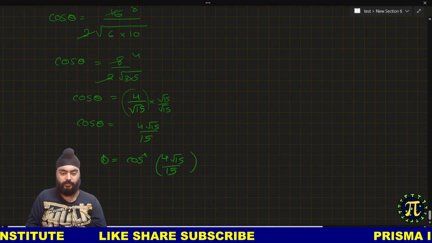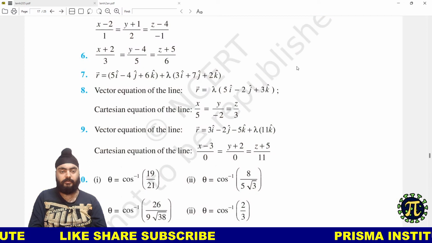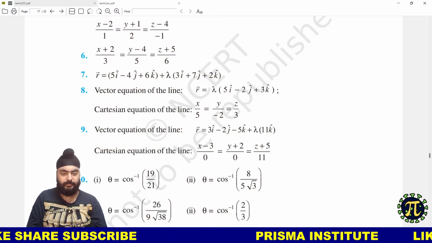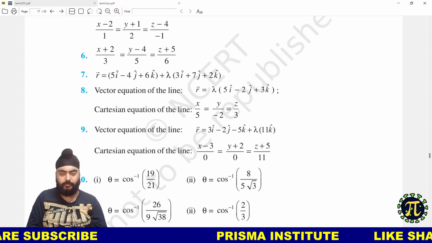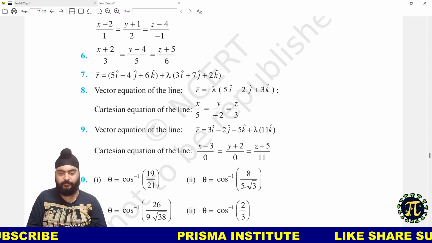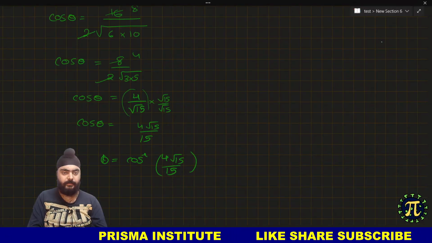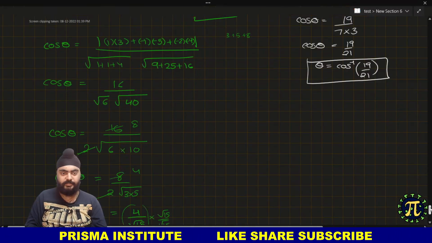So let's see. यहाँ पे आ रहा है 8 and 5 and root 3. So 5 भी बाहर आ रहा है. So 5 कैसे बाहर आ रहा है? Let's check.